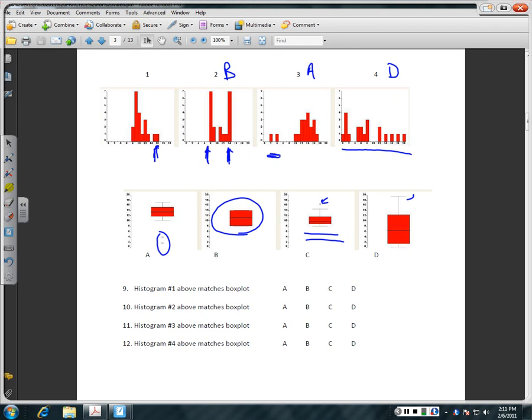And you can also see that there's a little bit of skew coming this way, and this tail on the box plot is a little longer than it is on the bottom. So I guess I should put that down.